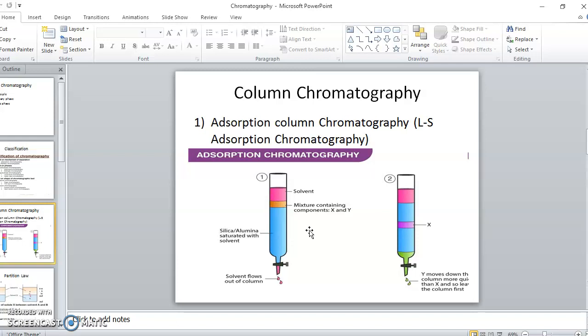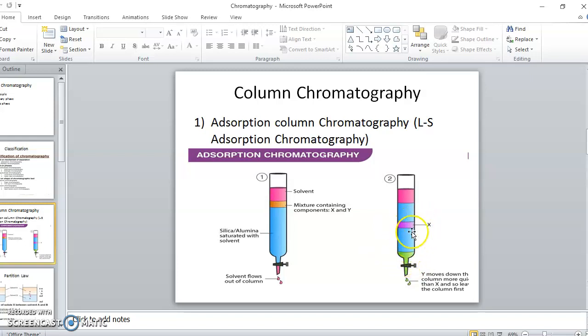Let us say the component X has a higher rate of adsorption, so it first gets adsorbed on the stationary phase. So here you have X, while at the bottom you have the next component Y. So here the two components X and Y get separated.